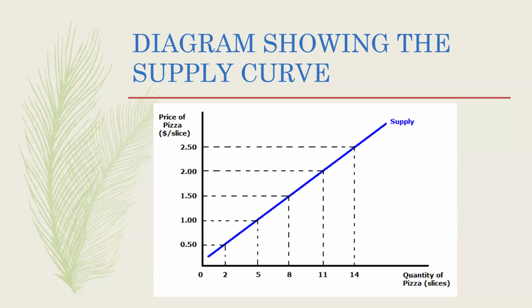One other thing we can see about this curve is that we have the axes labeled. We have the x and y axis, with quantity on the horizontal axis and price on the vertical axis. You have the supply curve, which is upward sloping, which is what you all had to do for homework. Tell me if it was upward sloping or downward sloping. We established now that the supply curve is upward sloping from left to right.